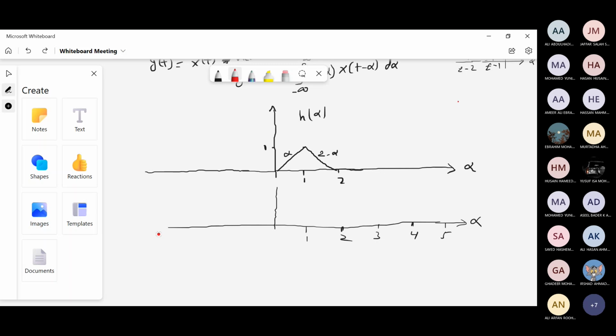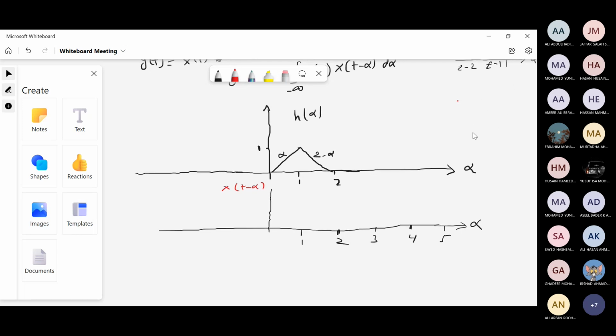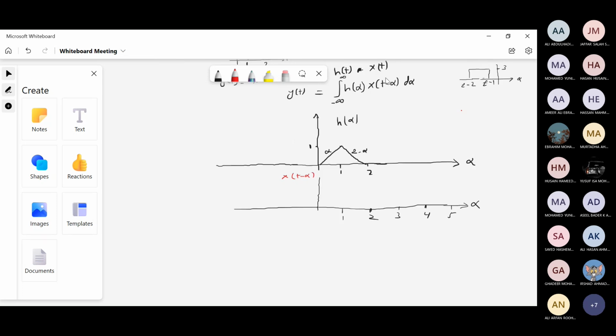Okay, this one is x of t minus alpha. So flip it, as we said, then shift it. So then it becomes somewhere here.